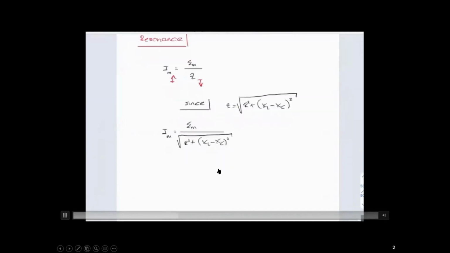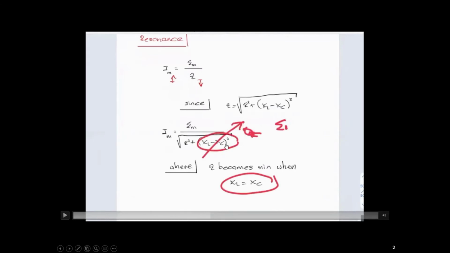And the denominator is going to have its minimum value when these two terms are equal to each other. So the inductive reactance and the capacitive reactance terms are the same. When they're equal to each other, obviously this term drops out. Under the circumstances, the impedance Z becomes minimized.